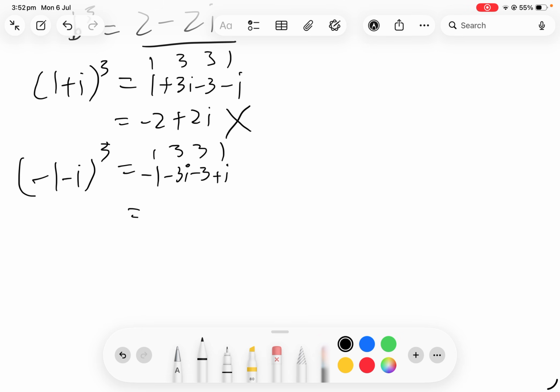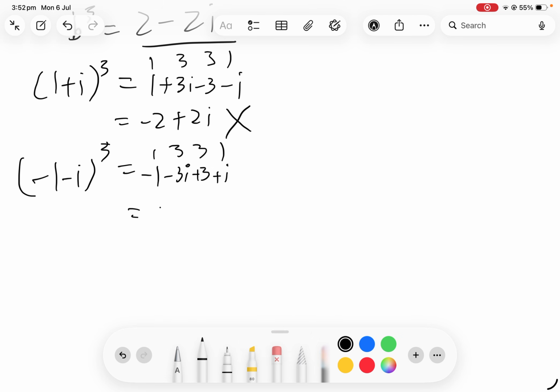So I'm going to do that. That is indeed just 1, because negative i squared is actually negative negative 1, so there should be a plus.